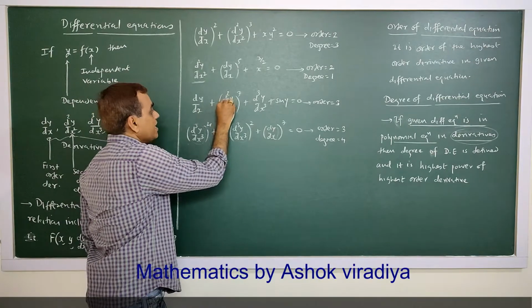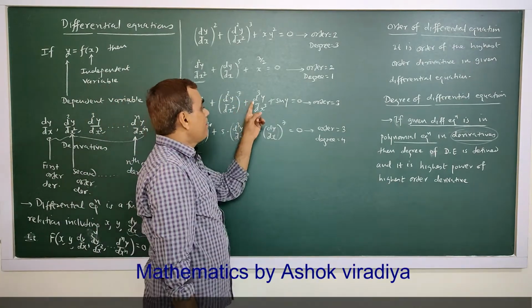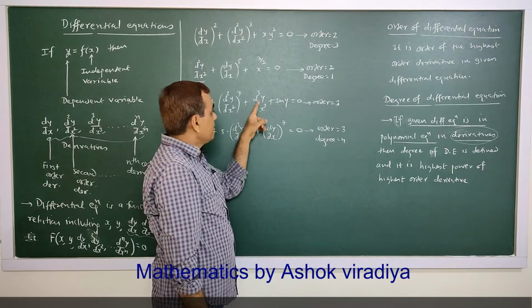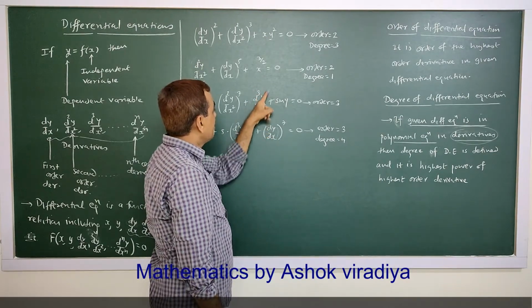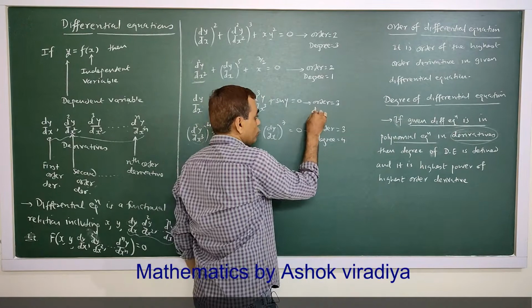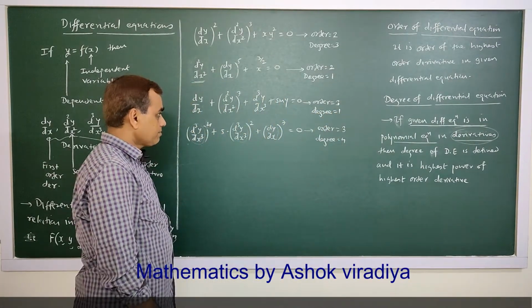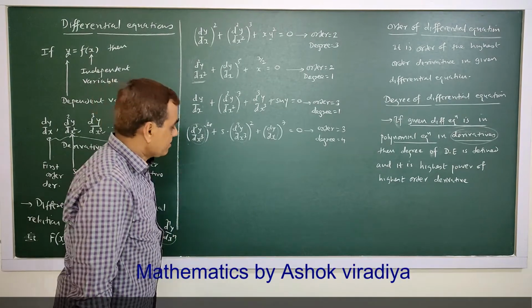Here the highest order derivative has power 1, so degree is 1. We take one more equation.